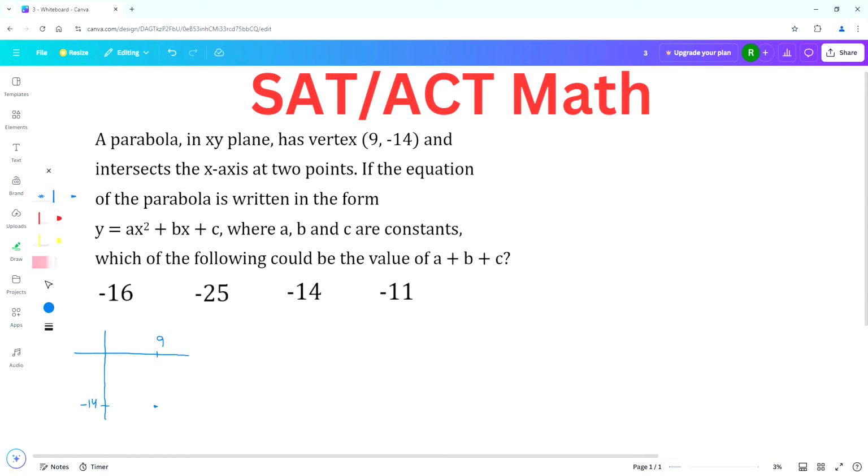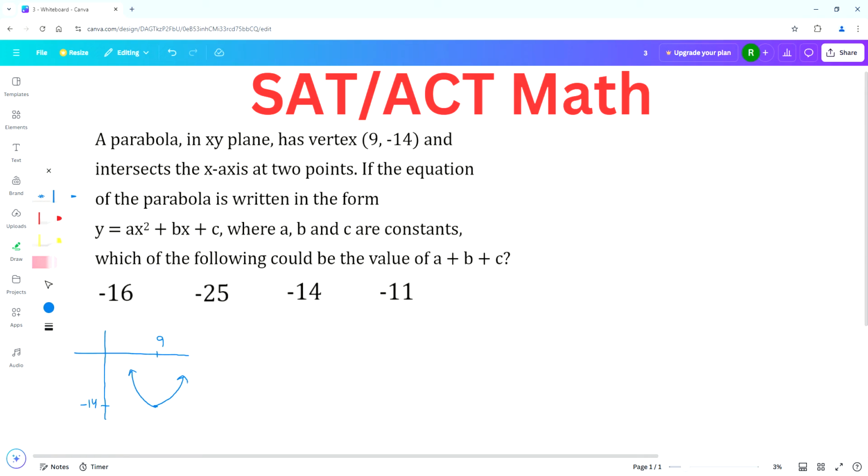This is the vertex of the parabola. As per the problem, the parabola intersects the x-axis at 2 points. Since the vertex of the parabola is below the x-axis and it intersects the x-axis at 2 points, that means the direction of opening for the parabola is upward.